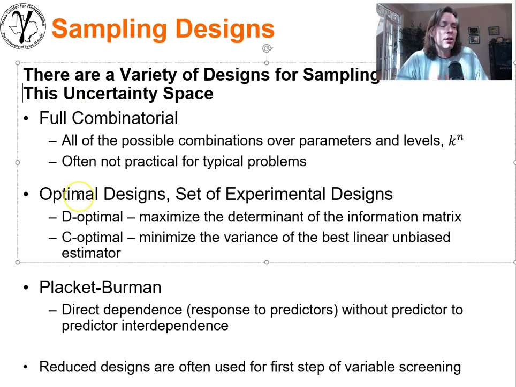Okay, so what are we going to do? One way we can do it is use some type of an optimal design, and this is commonly used. We can pick the combinations of the levels and variables such that we meet some type of optimal constraint.